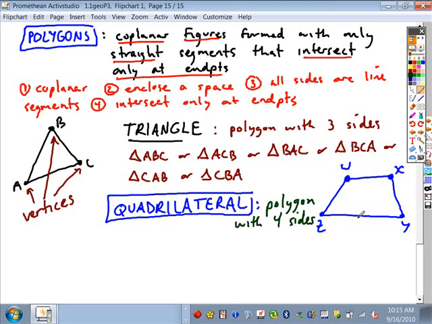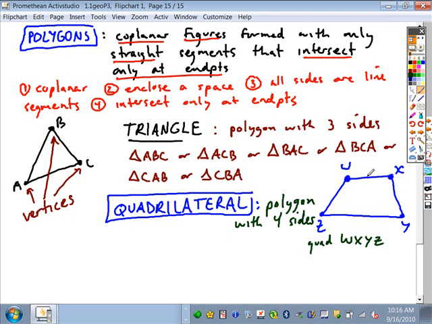Once again, we would name this W, X, Y, Z. And if you wanted, you could write the word quad to indicate it's a quadrilateral. If it were a specific figure like a square, rectangle, or parallelogram, you could include a little symbol in front as well for that. But as long as you identify the consecutive vertices, you're able to name it.